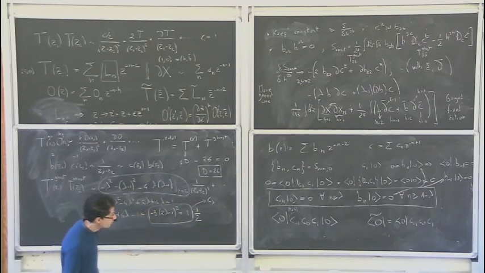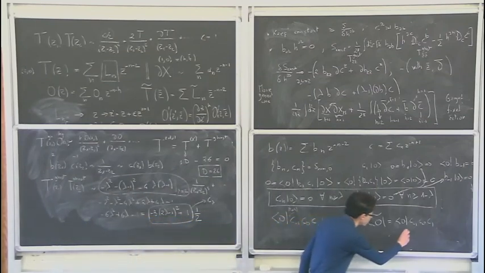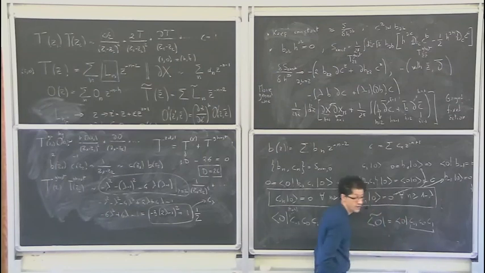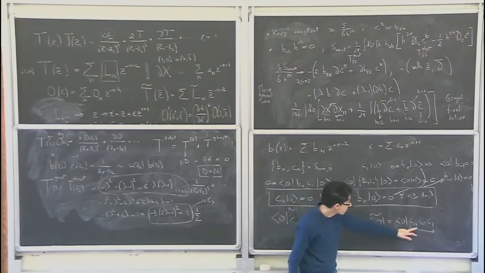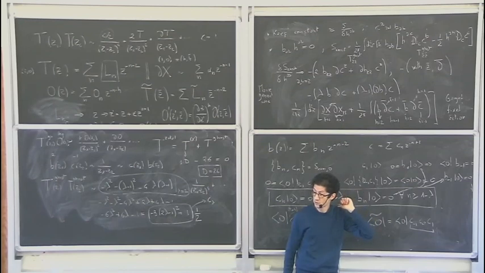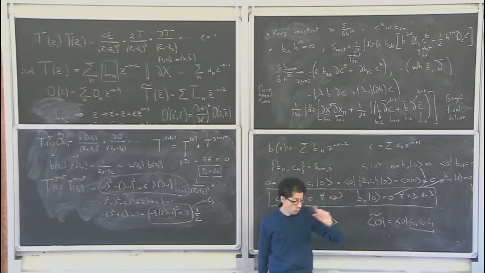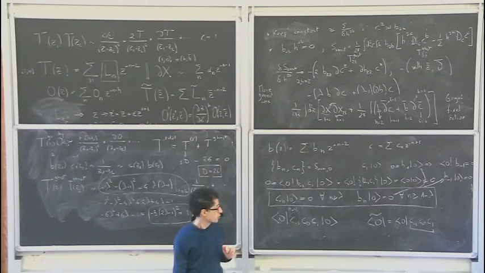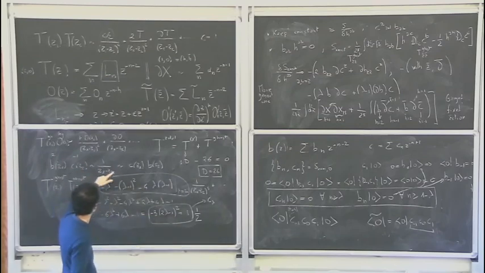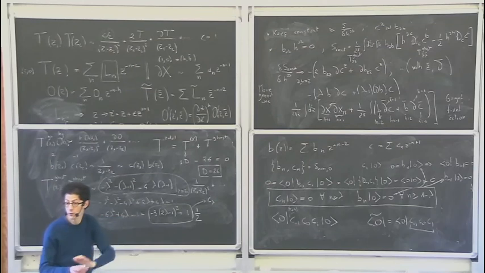Now, this insertion of these three objects, as we will see in the next hour, is related to the 0 modes of the determinant that I was mentioning before. So we'll come back to this. But this provides the explicit link between this language and the standard operator language.